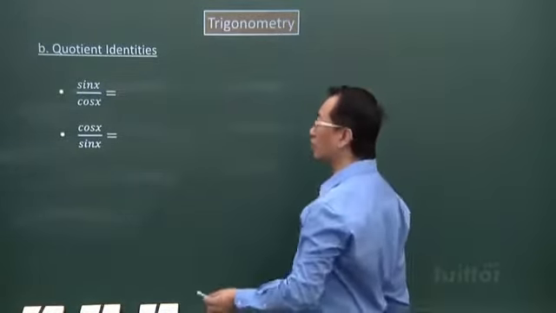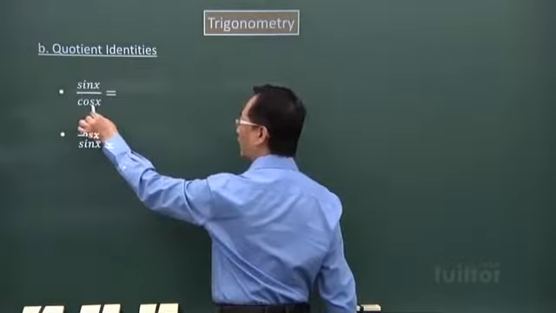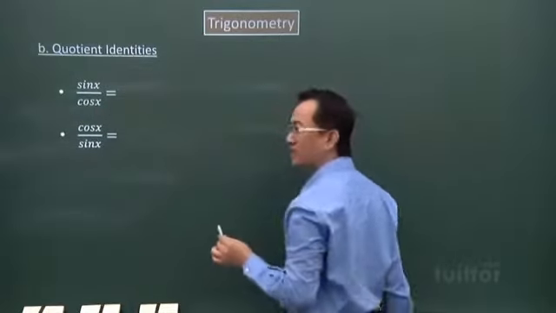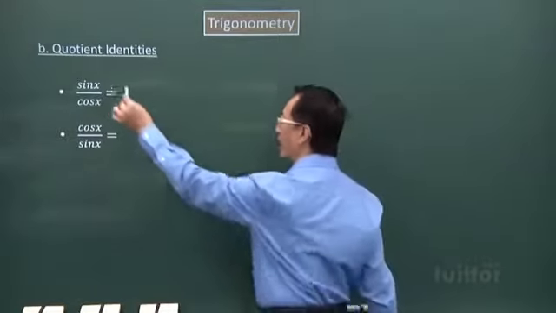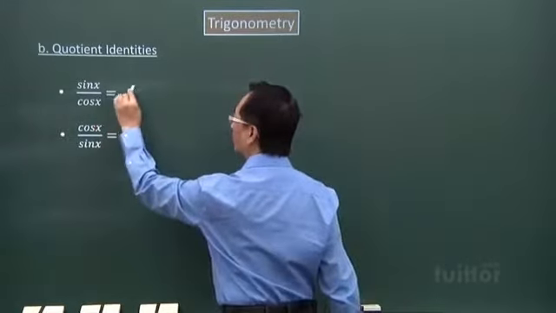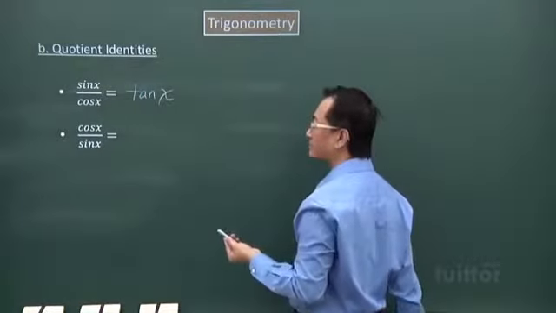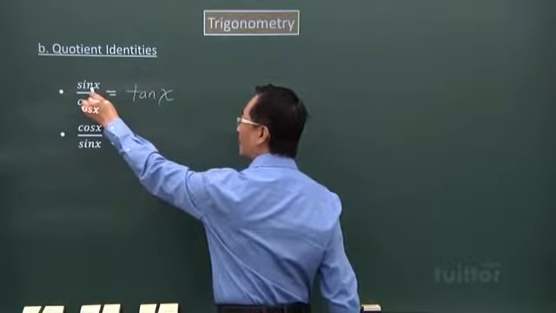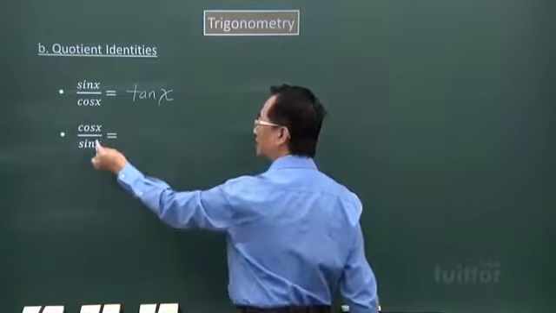So this group, where you have the algebraic fraction here, it will be reduced to just a singular trigonometrical function. So sine over cos will give you tangent x. And you can see here you have sine over cos. Here is just the reverse.